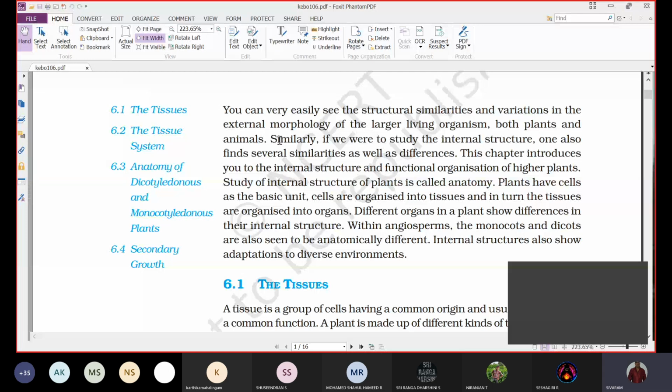But similarly, if we were to study the internal structure, one also finds several similarities as well as differences.